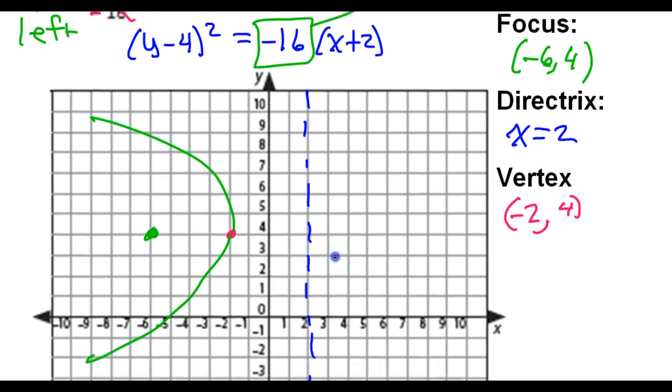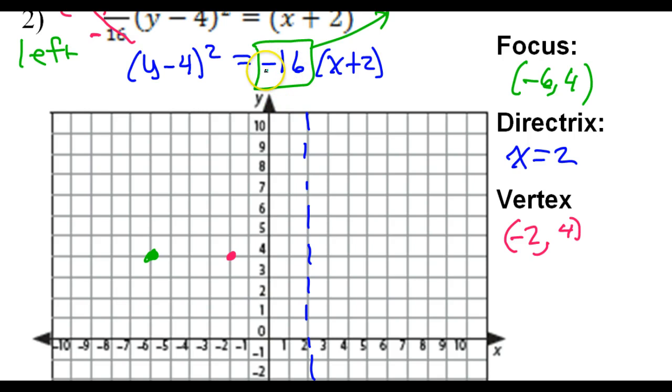All right, one last thing. All right, so we have to do one more little thing. Let's use the focal width to make this more accurate. The focal width is 16. Ignore the negative sign. That means at the focus, the parabola will be 16 wide. So that means 8 up and 8 down.